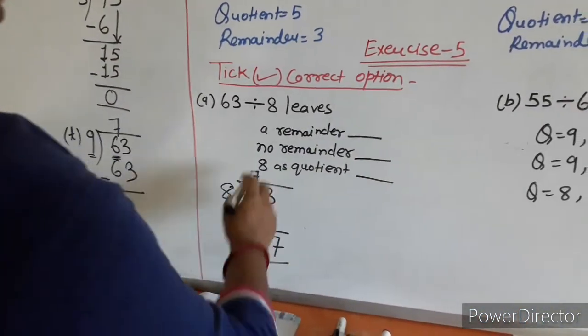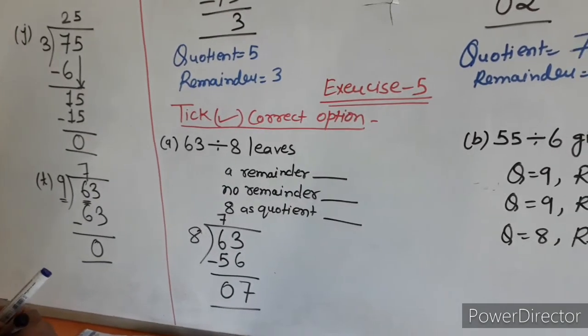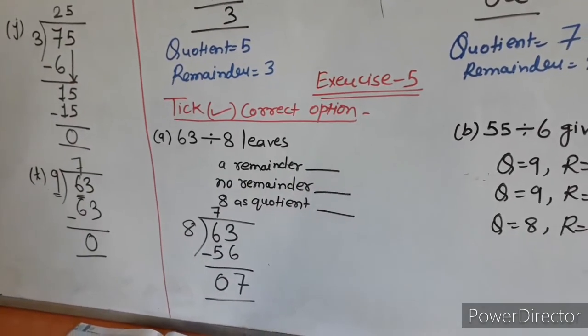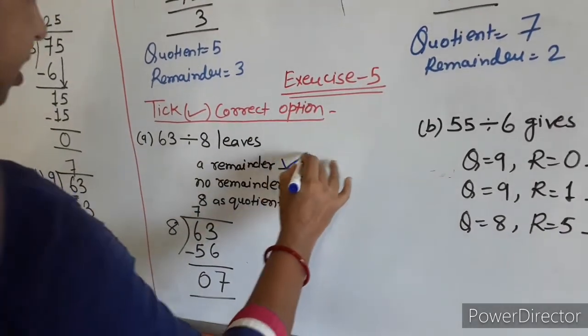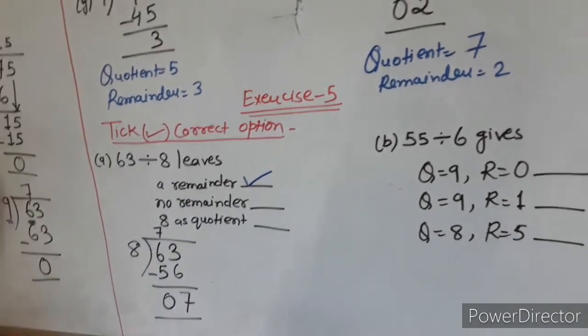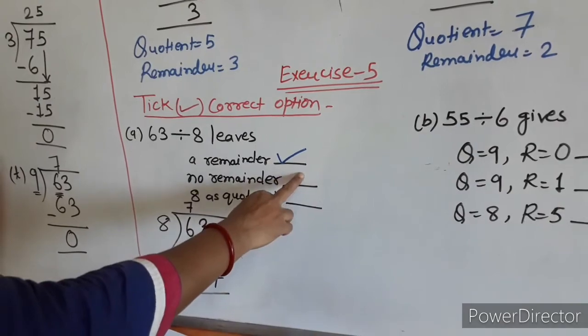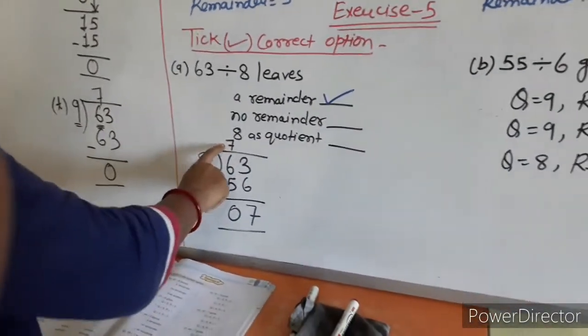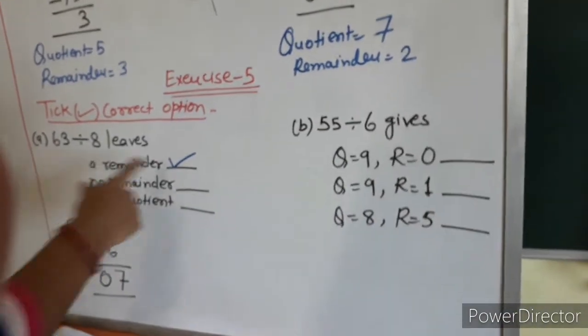So what will be the answer? A remainder, no remainder, yes, it has remainder. You can put a tick here. Yes, it has remainder 7, but it is not no remainder, that means it is wrong, and 8 as quotient is wrong. No, 7 is the quotient. This way you have to tick mark here.